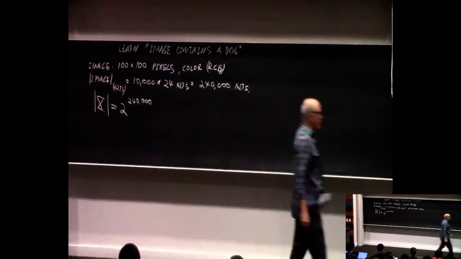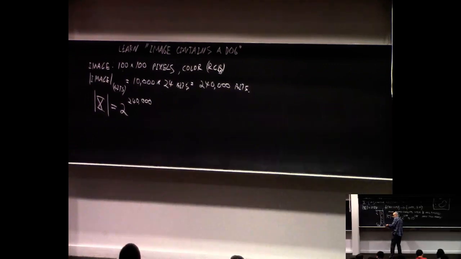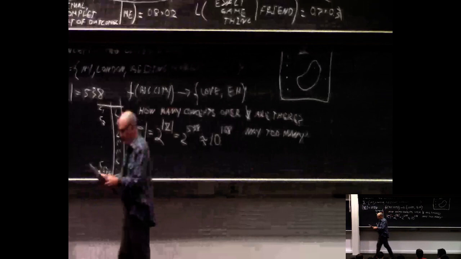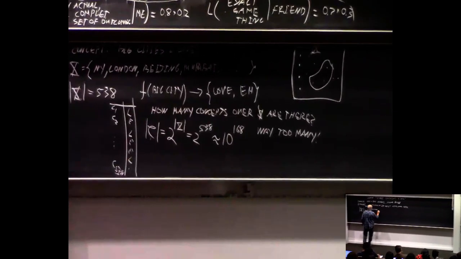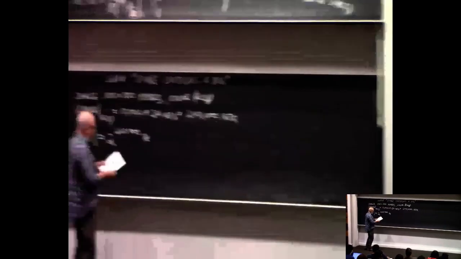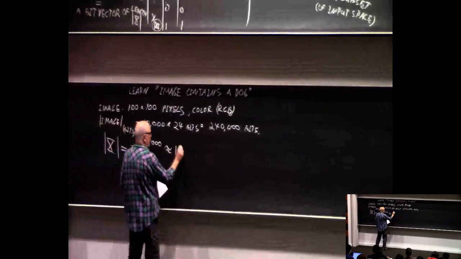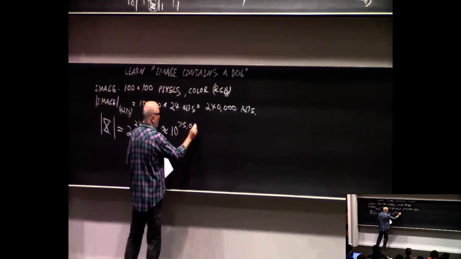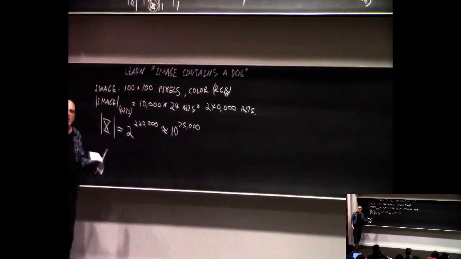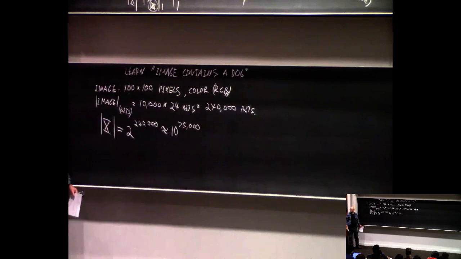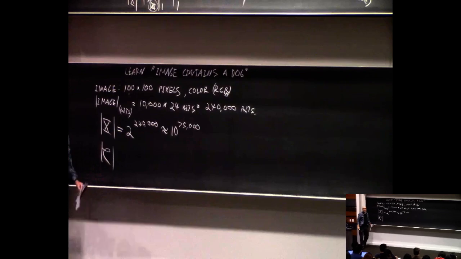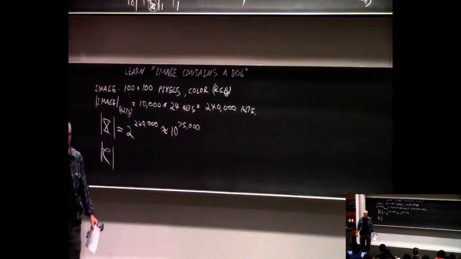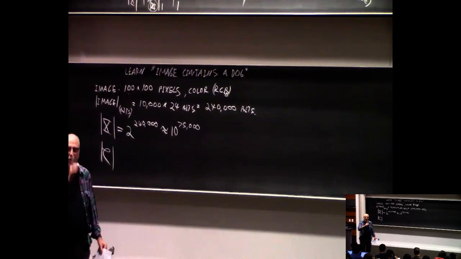This is our input space. Let's convert it to decimals. It's about 10 to the 75,000. That's just the input space. What about the concept space? Concept space for binary concept is always 2 to the power of the input space.